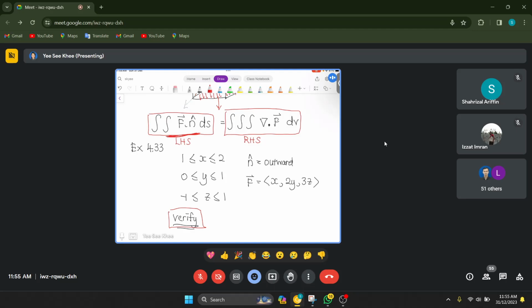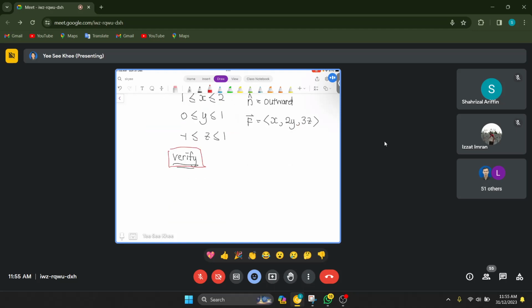You have 6 surfaces. This one is already shown in your module. So if you want to find the flux coming out, you have to add the flux from the first surface, second surface, third surface, 4, 5, and 6. Wow. So you have to perform the surface integrals 6 times.